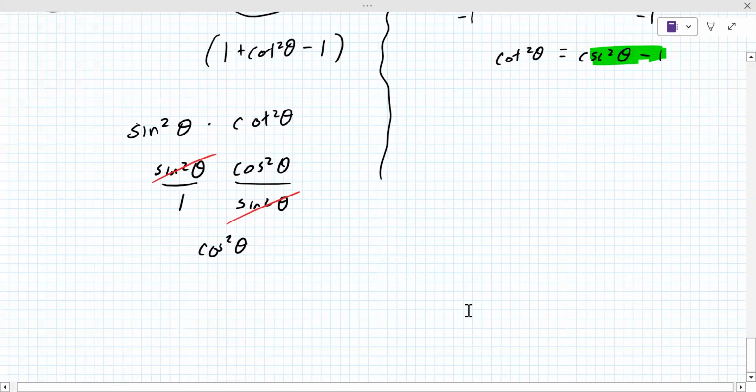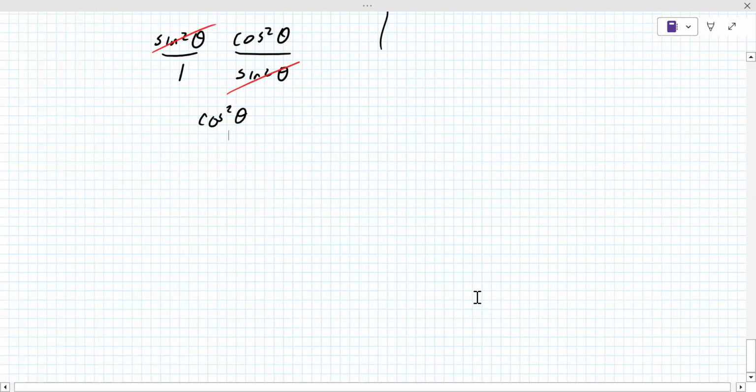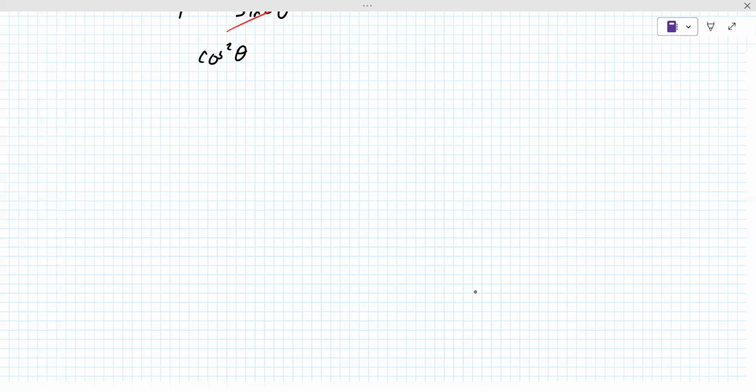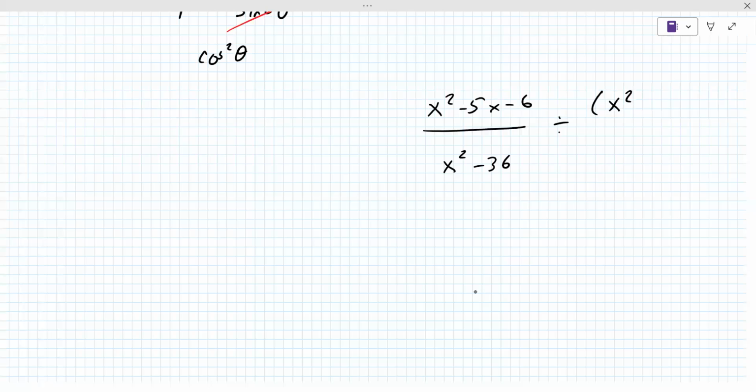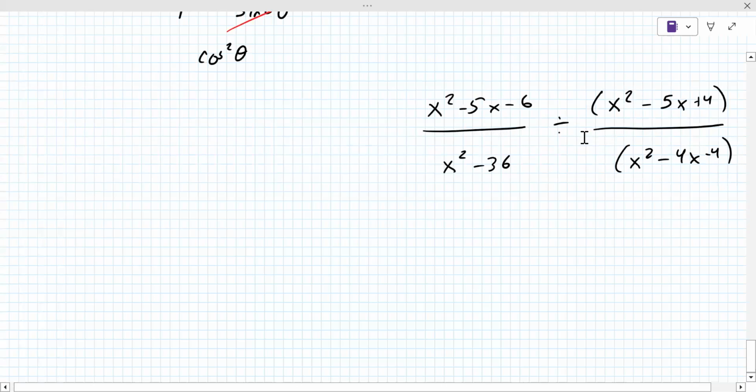The analogy I want to make here is that we were doing some problems a while back like x squared minus 5x minus 6 over x squared minus 36 divided by x squared minus 5x plus 4, something ridiculous like this. And it sometimes worked out to just 1, or it'd become like x minus 6.